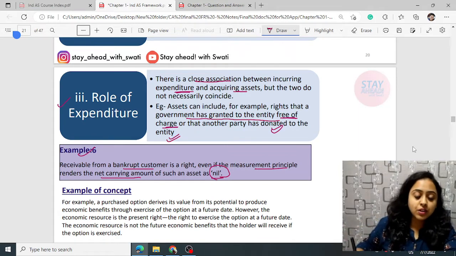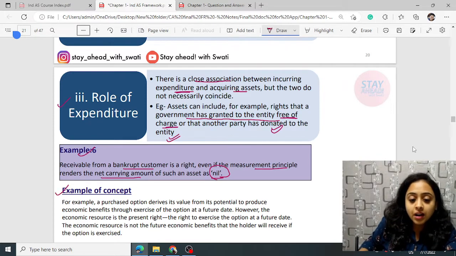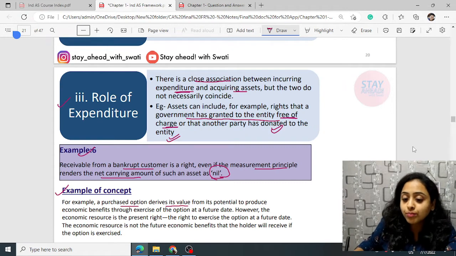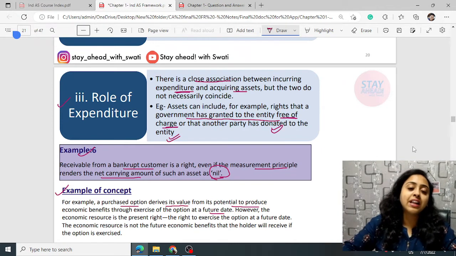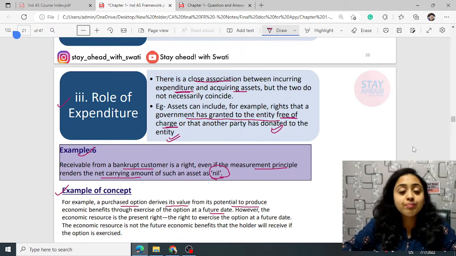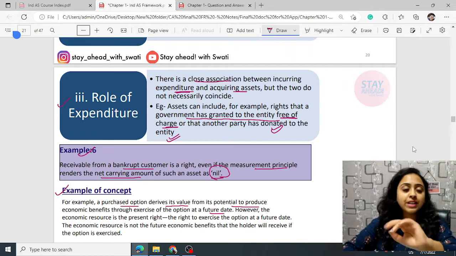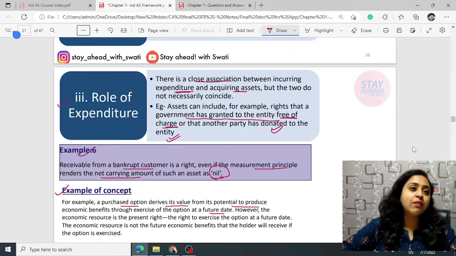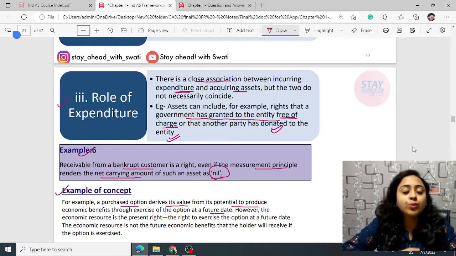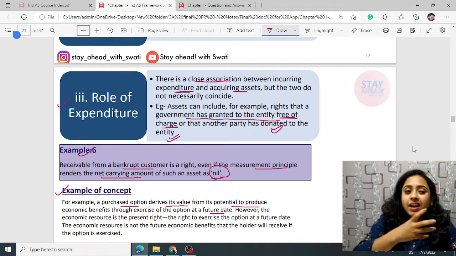Now, an example of the concept. A purchased option derives its value from the potential to produce economic benefits through exercise of the option at a future date. How do we calculate this? We calculate this by seeing the capacity. For example, there is an entity and you have to see its future value. What do you do if there is no market price available?